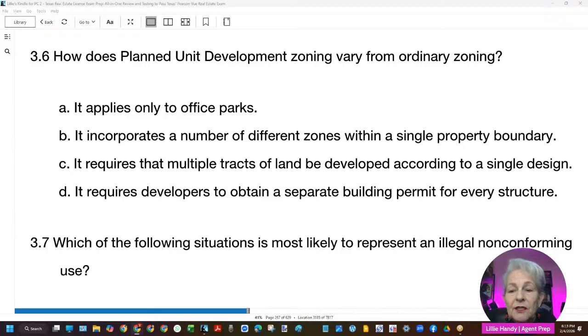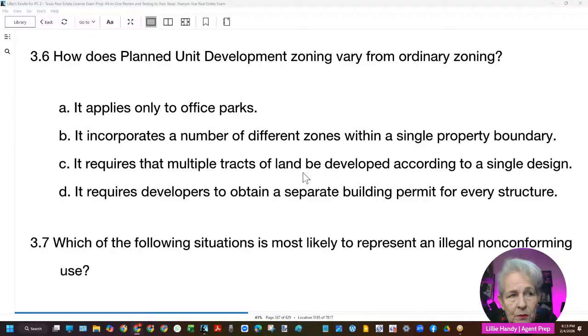So the answer here is 3.6C. It requires that multiple tracts of land be developed according to a single design. So you'll see in different areas, sometimes mobile home parks or retirement communities, that have planned unit development and other areas within the city, but it is multiple tracts of land.